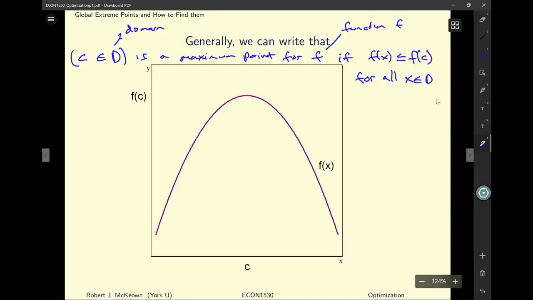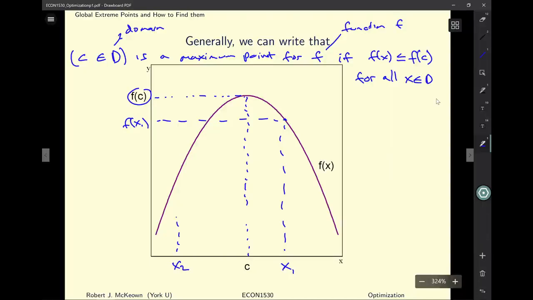And so if C is a max, if it's a maximum, which it is on this diagram, then if we pick some x over here, I'll call it x1, or if I pick x2 over here, call that f of x2, then our formal definition of a maximum has been satisfied.